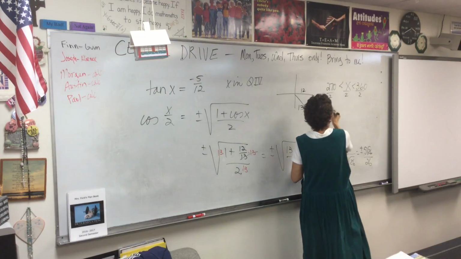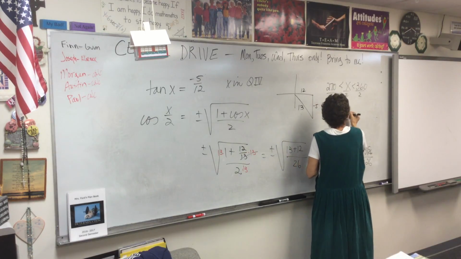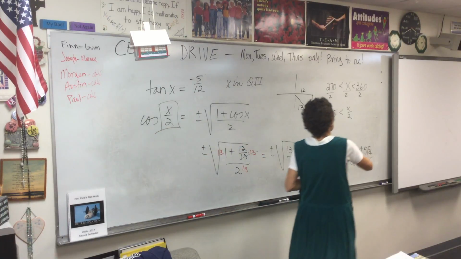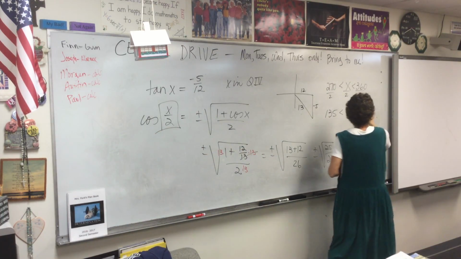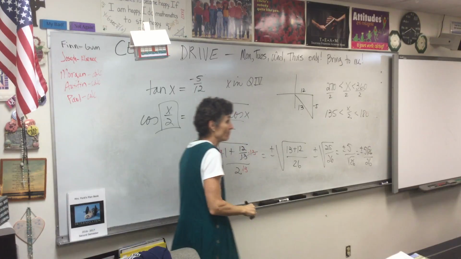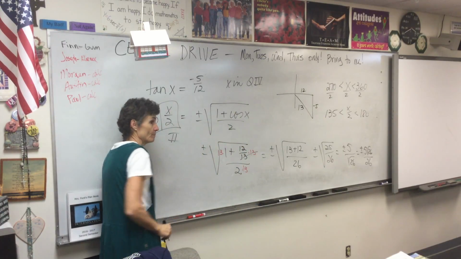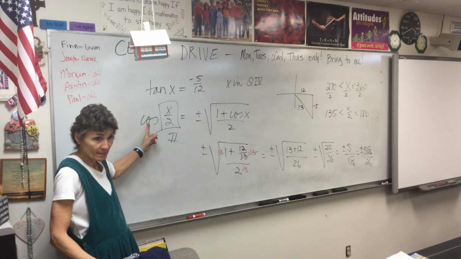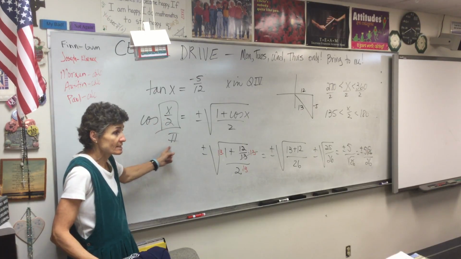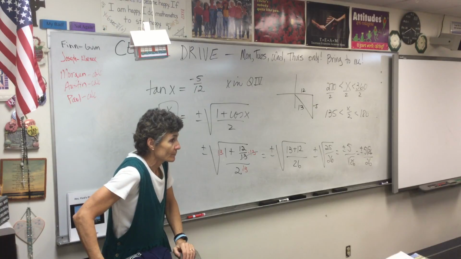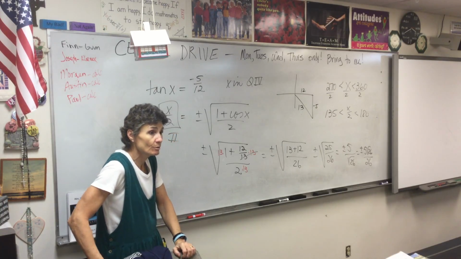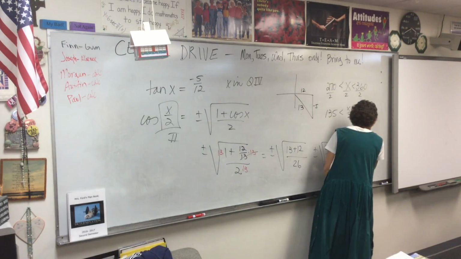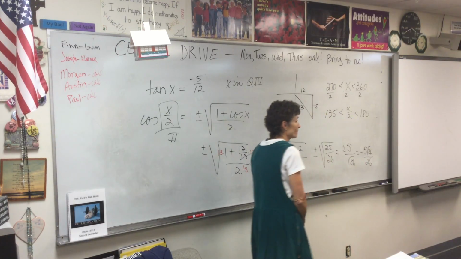So the angle in the problem, which is x over 2, that's the angle we're doing, is between 135 and 180, which you already told me is quadrant 2. So I am looking for a cosine of an angle that is sitting in quadrant 2. Cosine in quadrant 2 is negative. So this time we choose the negative.